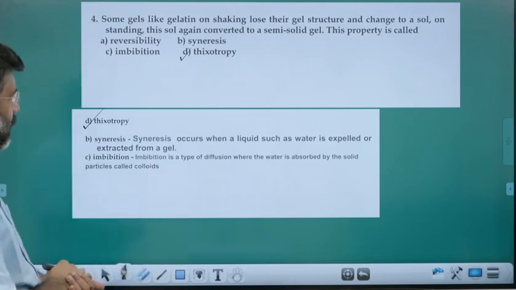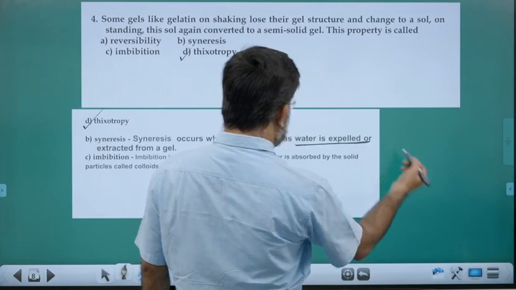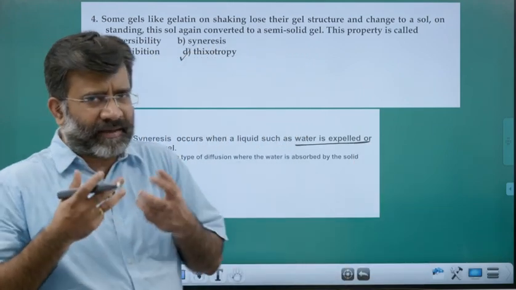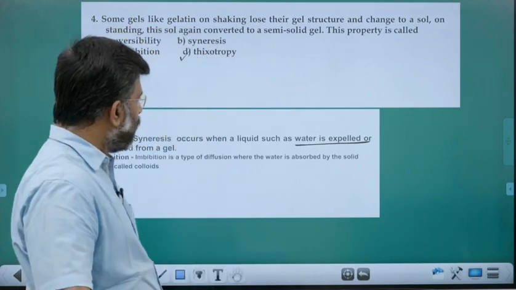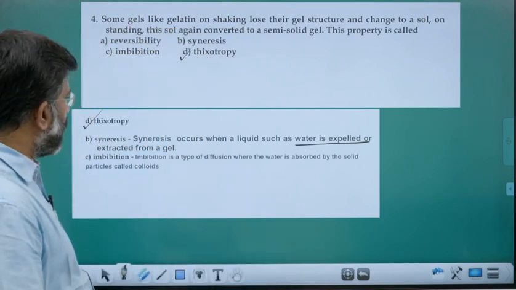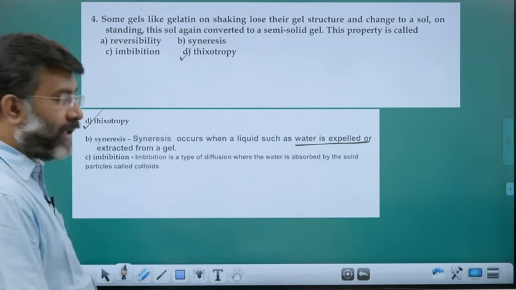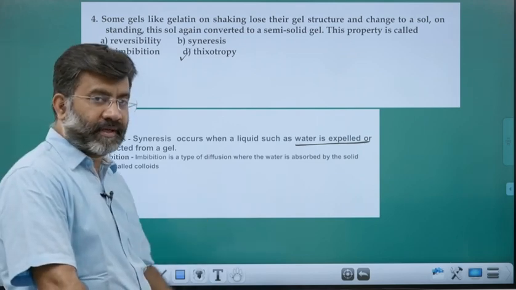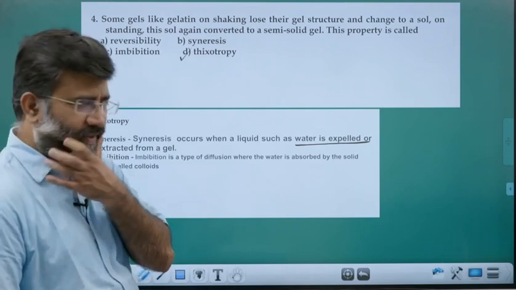What is syneresis? Syneresis means water expelled from the gel. A gel becoming dry. Water is expelled from the gel or extracted from a gel. That is syneresis. Imbibition, you might have heard about in the biology classes.